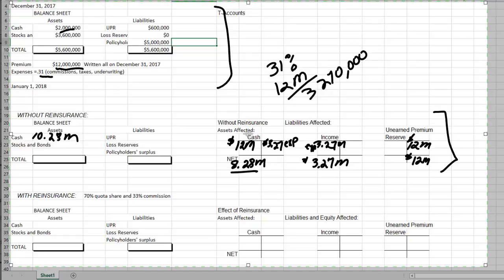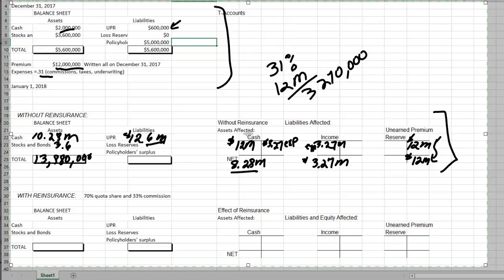Stocks and bonds don't change, 3.6, for a total of $13,880,000. And on the liability side, we have unearned premium reserve now of $12.6 million, which is our $600,000 here and our $12 million here.